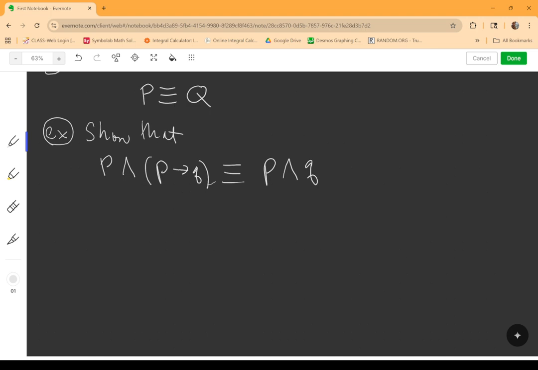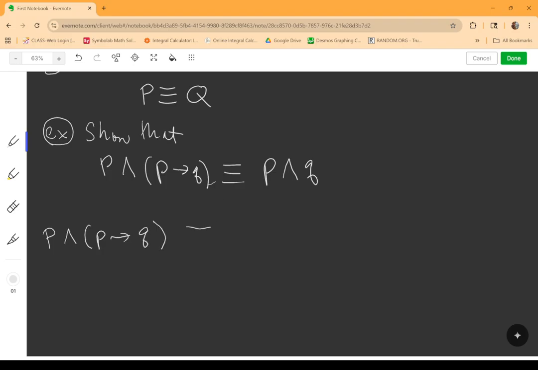So our first example here: I want to show that P or (P implies Q) is logically equivalent to P or Q. So let's start out with P or (P implies Q).